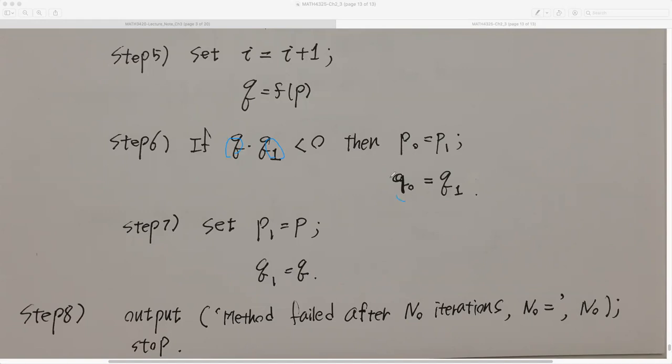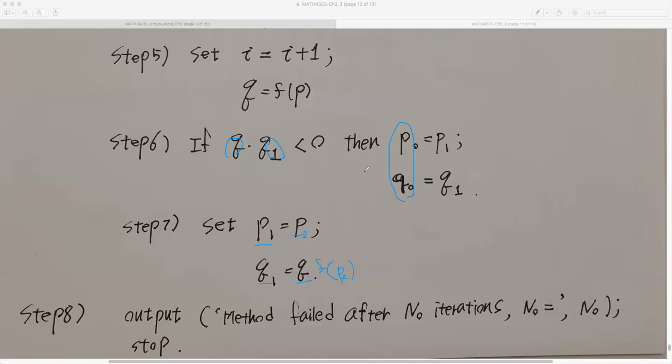We keep using P0, Q0 in the next iterations, and we definitely update P1, Q1 as P, Q, where P is actually P2 and Q is f of P2.